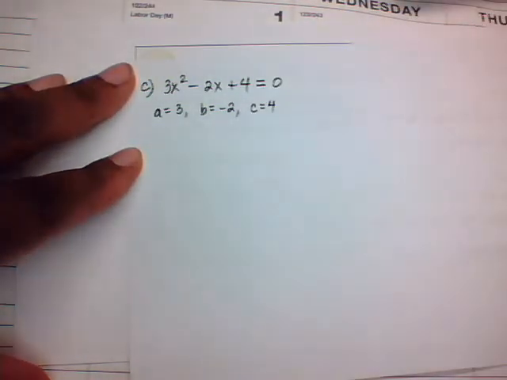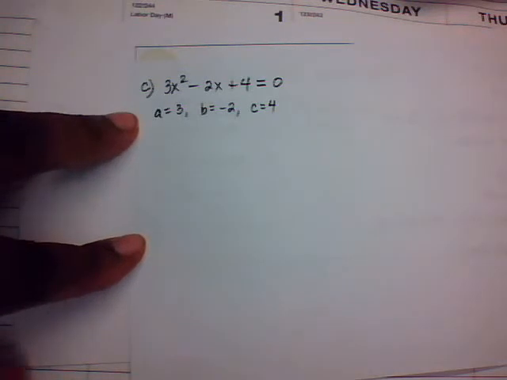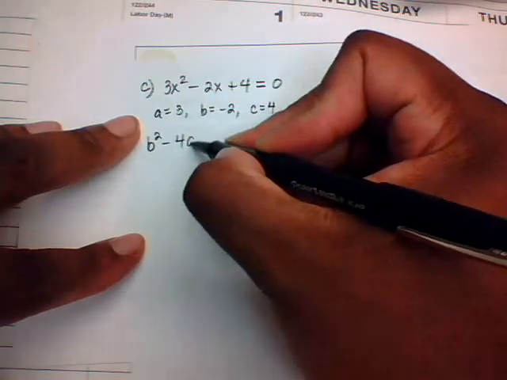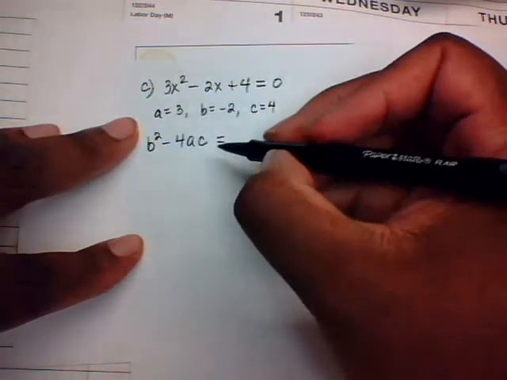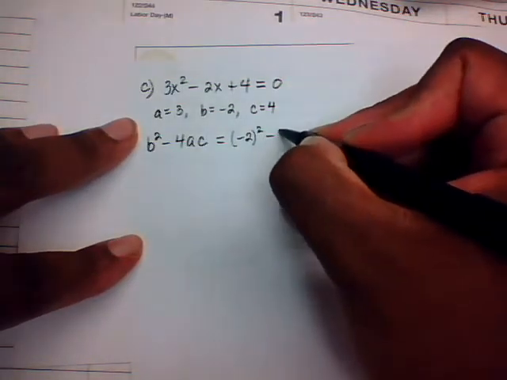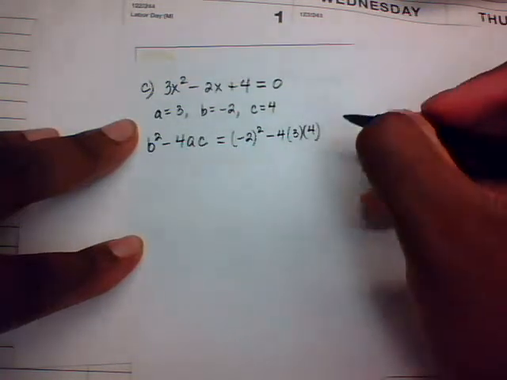And I should put equal to 0 here, since it's a quadratic equation. Then we use the discriminant expression b squared minus 4ac. The b is -2, so we're going to have -2 squared, minus 4 times a, which is 3, times c, which is 4.